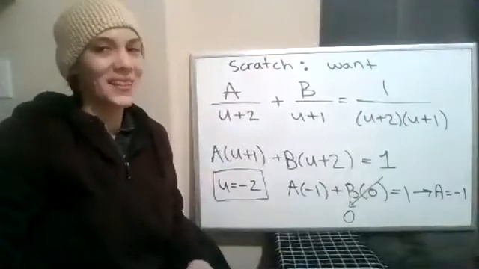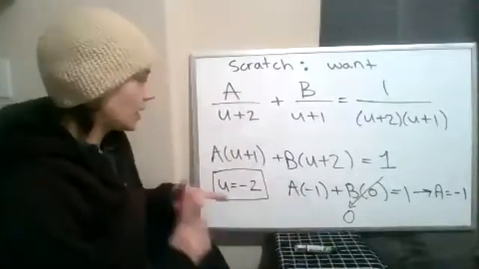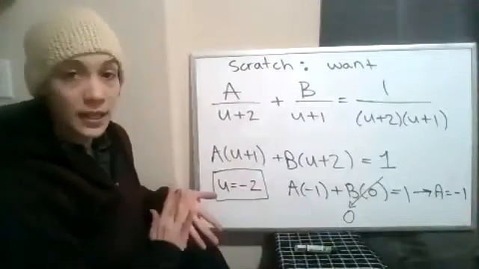Cool. We want to figure out what b is going to be, and let's try u equal to -1.